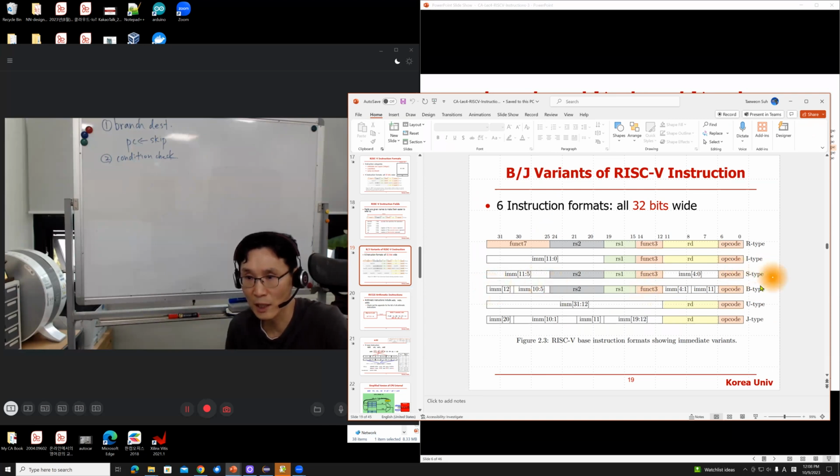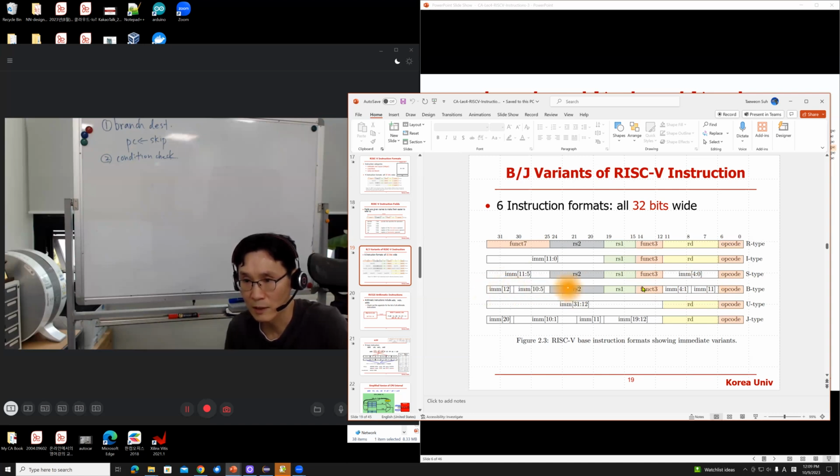In the B-type, immediate 12 is 1 bit, and then 6 bits. So only 1 bit is different. Immediate 11 is encoded here, to place immediate 12.